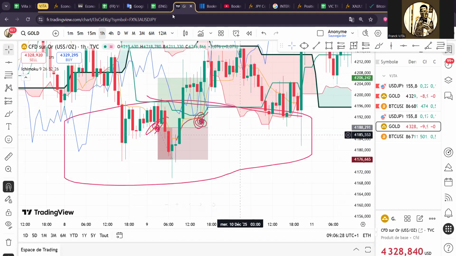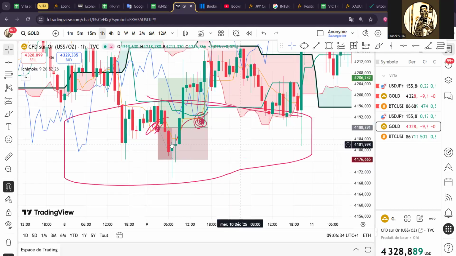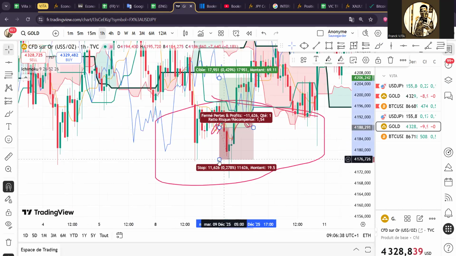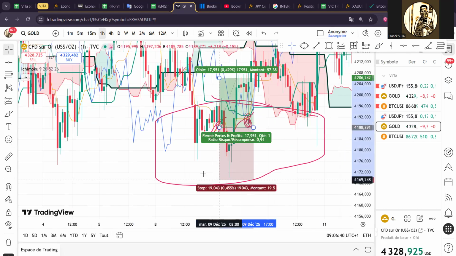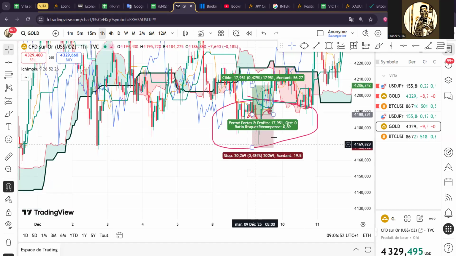So you need to understand that from daily, weekly, monthly, the retracement can sometimes be a little bit strong because it's actually a daily volume, a daily push. So you need to leave some space for your stop loss to breathe.